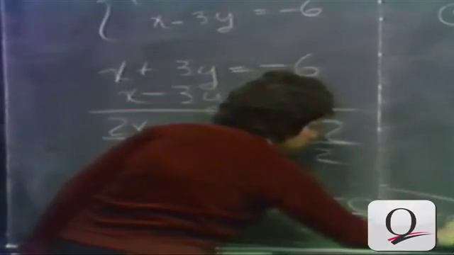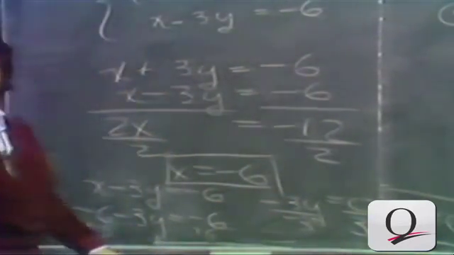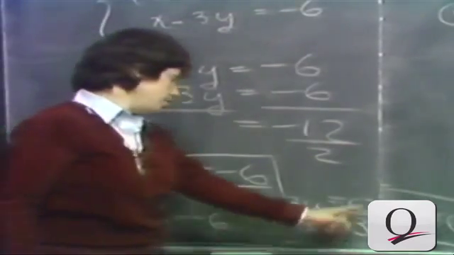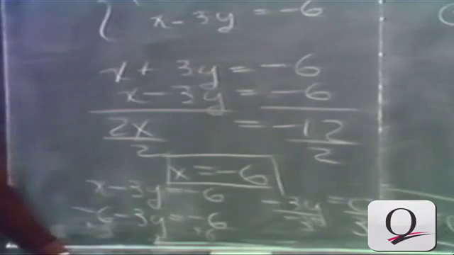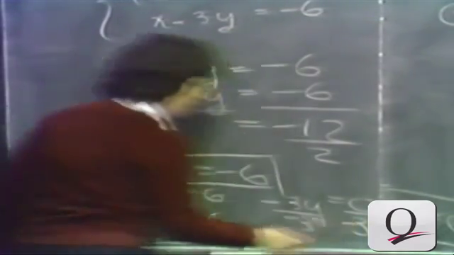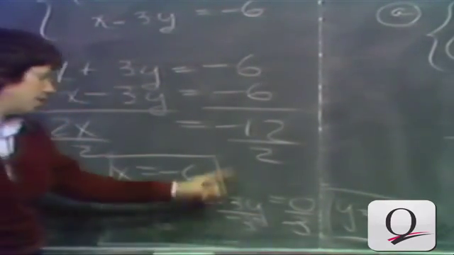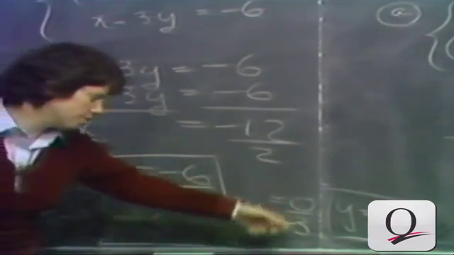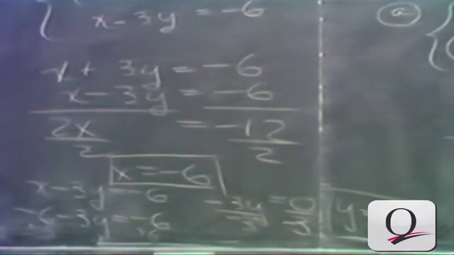Remember here, 0 divided by 3 is going to be equal to 0. Okay, here we divided both sides by minus 3, and we got y equals 0. 0 divided by any non-zero quantity, of course, is going to give us 0.